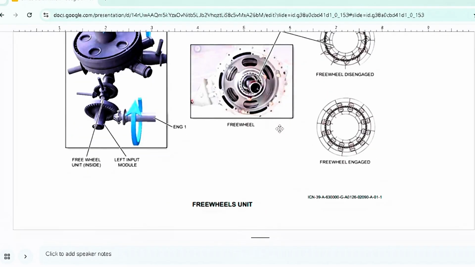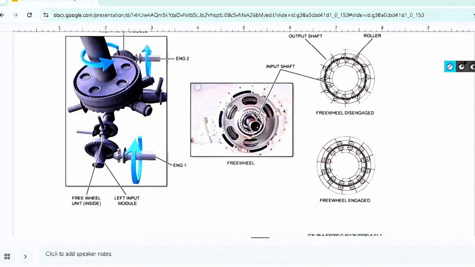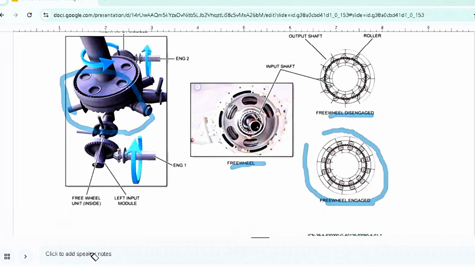This is the freewheel unit, freewheel disengaged, freewheel engaged. When the freewheel is engaged, it will be like this. When disengaged, it will be like this: output shaft, roller, and engine 2 or engine 1, and this is the MGB or internal drive systems. A freewheel unit is installed here.